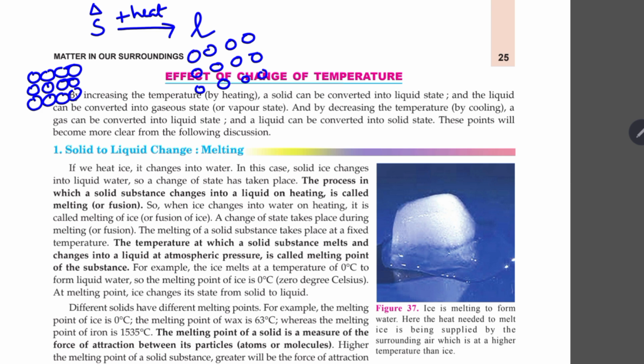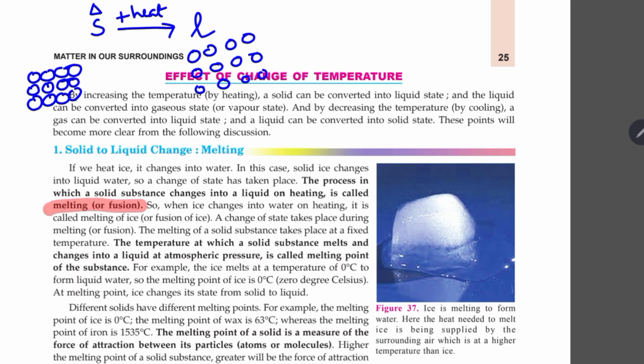And this process by which I can convert a solid form to a liquid form is known as liquefaction. If I undergo the process of conversion of ice to water, then this is known as melting or fusion.